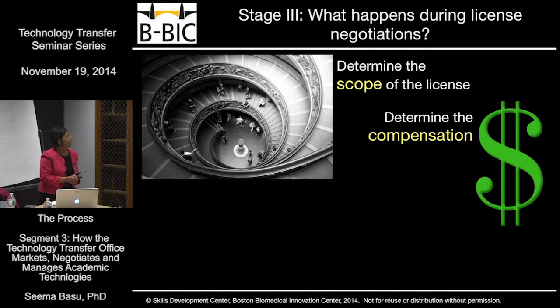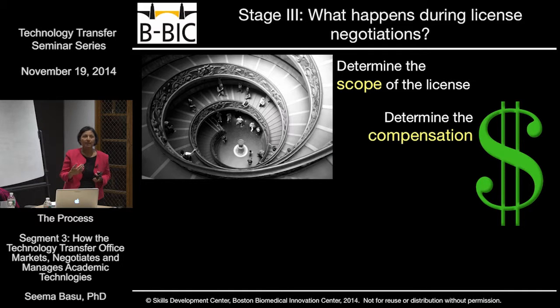A license agreement then also deals with the financial considerations for licensing the intellectual property, the financial compensation back to the institution. It depends very much on the technology, the stage, and the company partner, and a typical license agreement in the aggregate will capture value in terms of upfront fees, annual payments, and milestone payments.